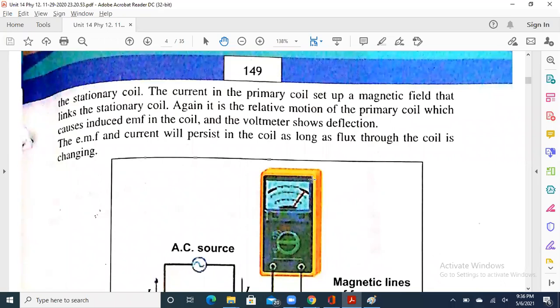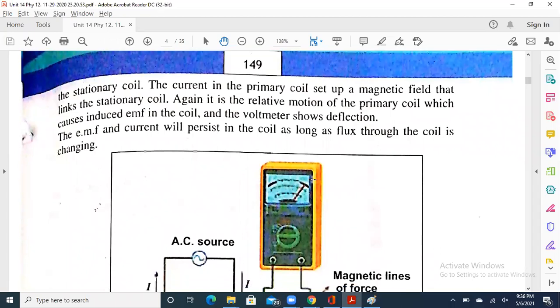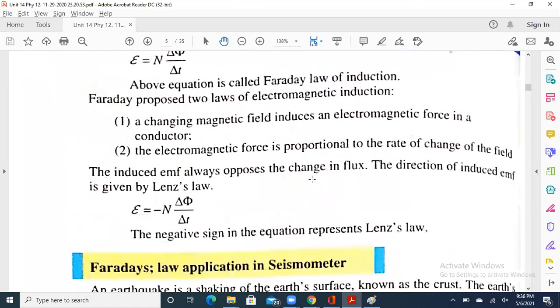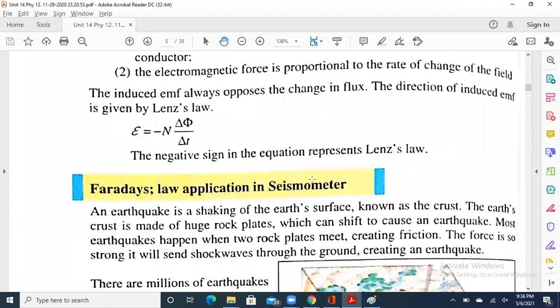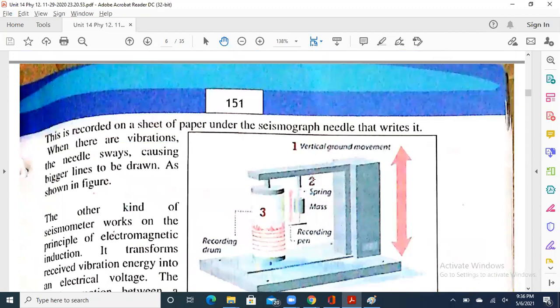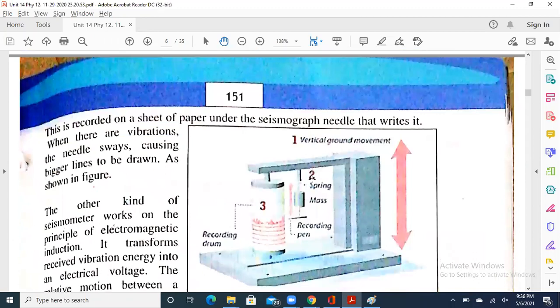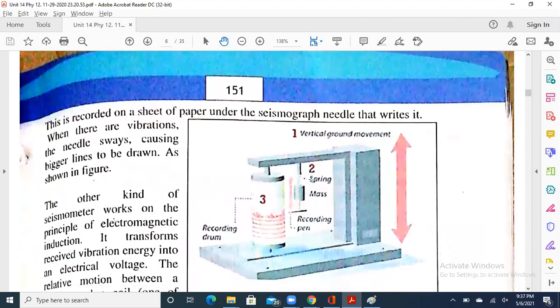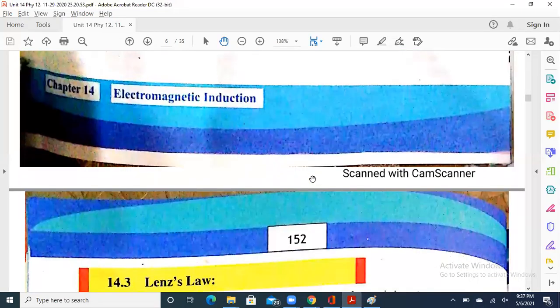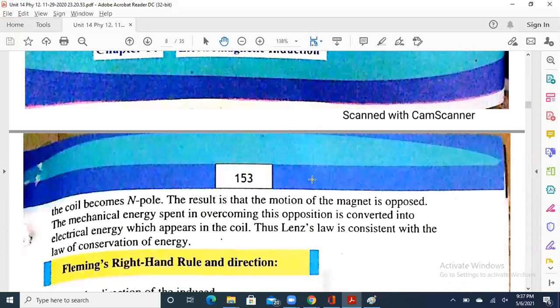Basically, there are two types of induced EMF: the first is dynamically induced EMF, and the other is statically induced EMF. We'll look into the details of these two, and then we'll study the details of the motional EMF, what it is. So let's see.